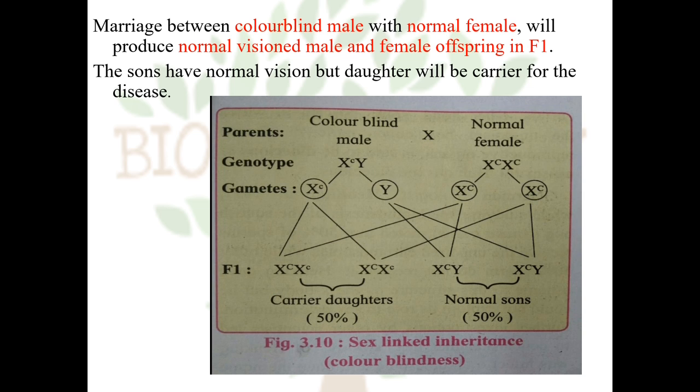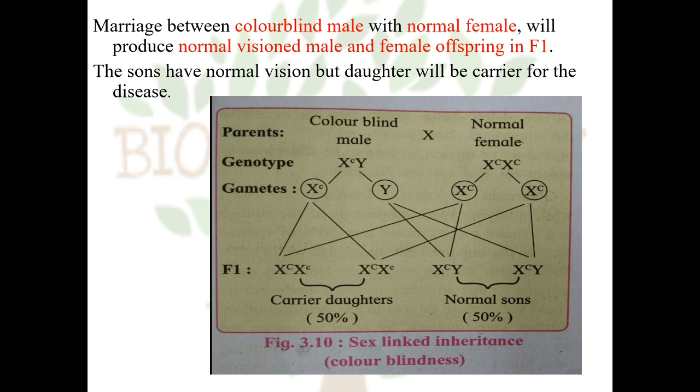You can see a chart where the colorblind male having genotype X small c Y is married with a normal female having genotype X capital C X capital C. They produce gametes X small c, Y, and X capital C, X capital C.